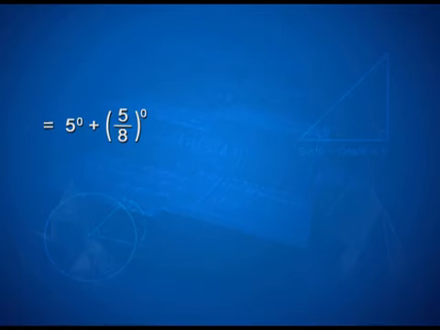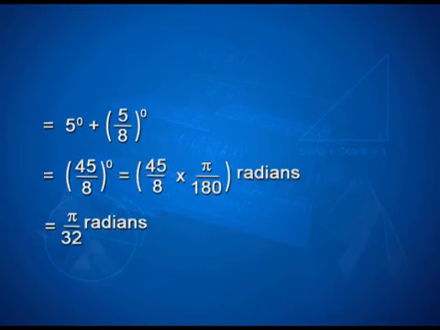That is 5 degrees plus 5 upon 8 degrees, which can be written as 45 upon 8 degrees. Now, converting into radians by multiplying with pi upon 180, we get pi upon 32 radians.